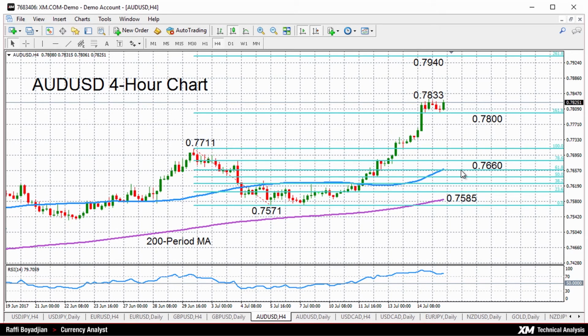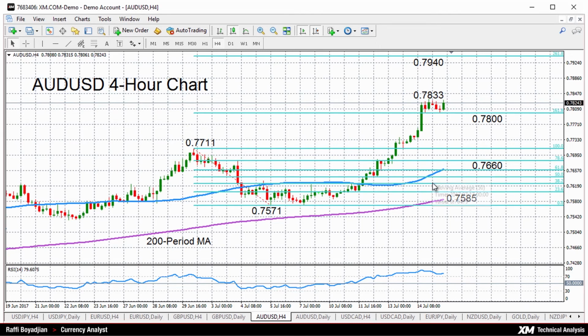Lower down we do have the 61.8% Fibonacci level of 0.7660, which is also the 50-day moving average, followed by the 200 period moving average of 0.7585.